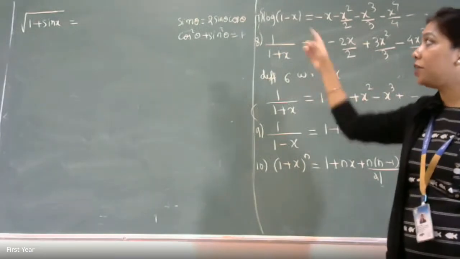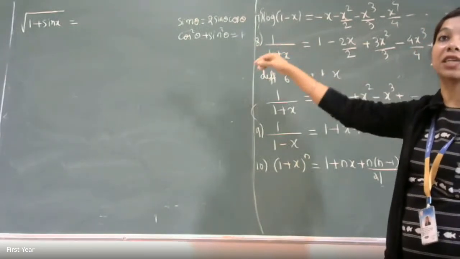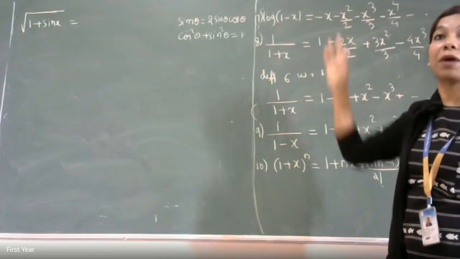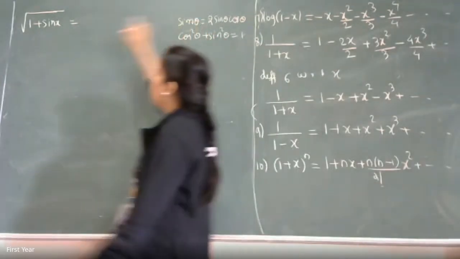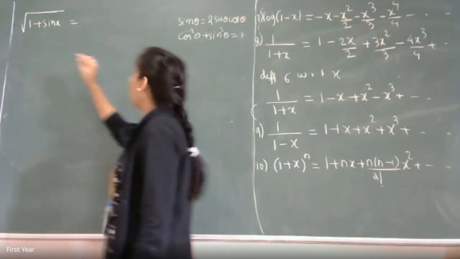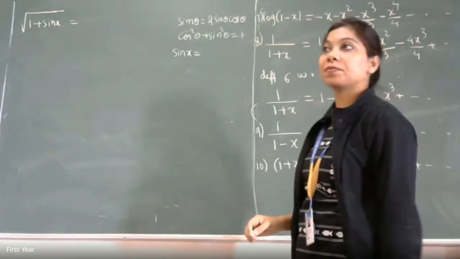So if I use these two for 1 plus sin x, I can get it converted in square power. But here it is not sin 2x, it is sin x. Is there a direct formula? Sin x plus cos x. Yes, sin x plus cos x the whole square, but now there is a square root, so sin x plus cos x.